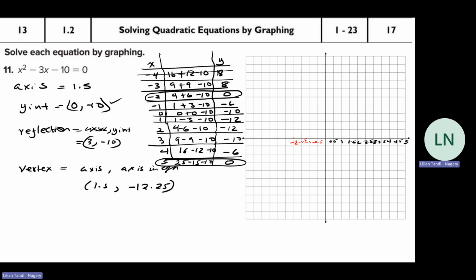So -2, 0, and the other one 5, 0. And my axis of symmetry is 1.5. My vertex is 1.5 and 12. I don't even have, no, I have to go by 2's on my graph.